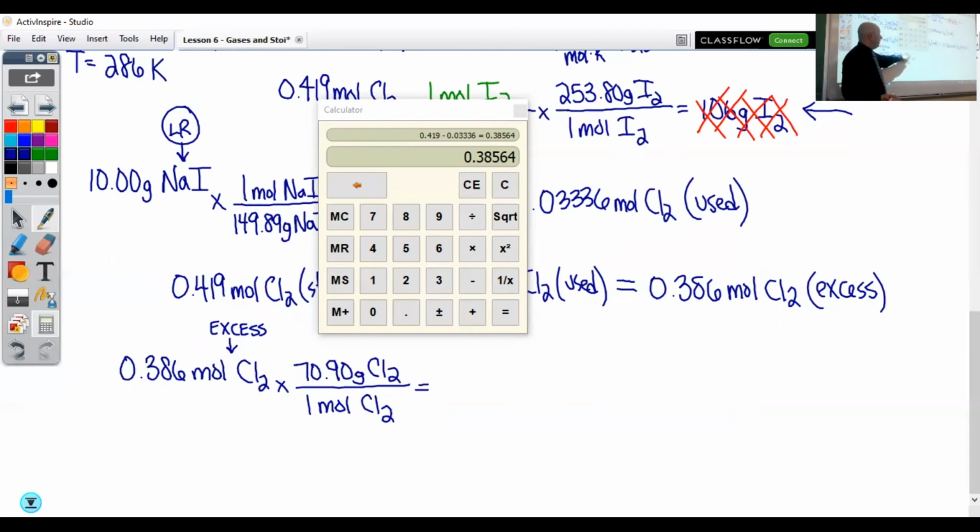It's a diatomic, meaning it's a 2. So it ends up being 70.90. So now we have 0.386 times 70.90. And we wind up with, we have 3 significant figures, 27.4 grams of Cl2.